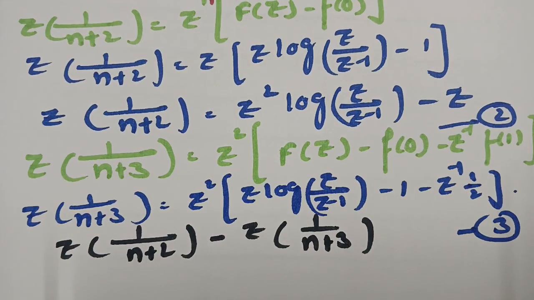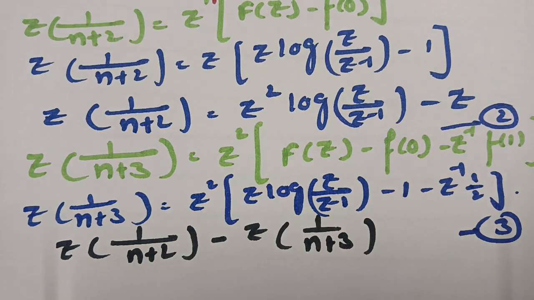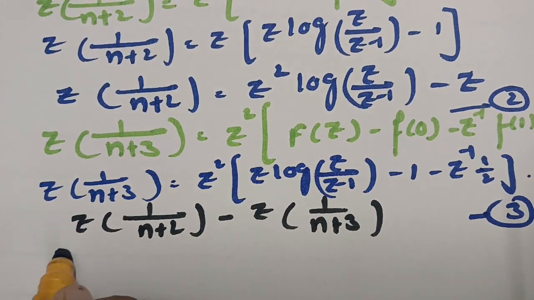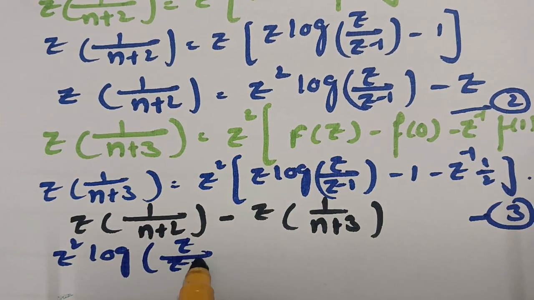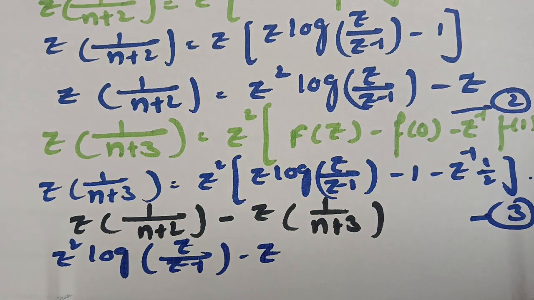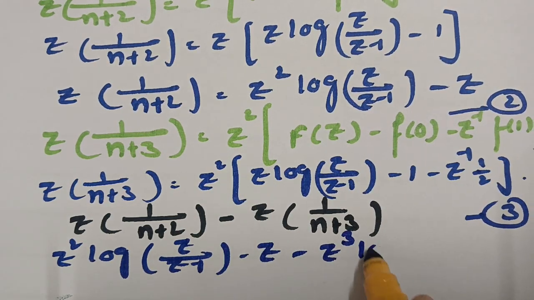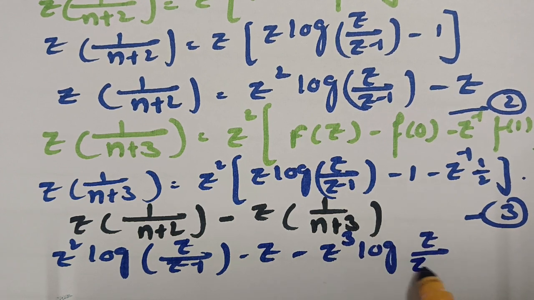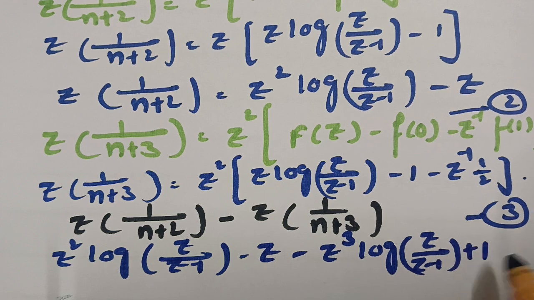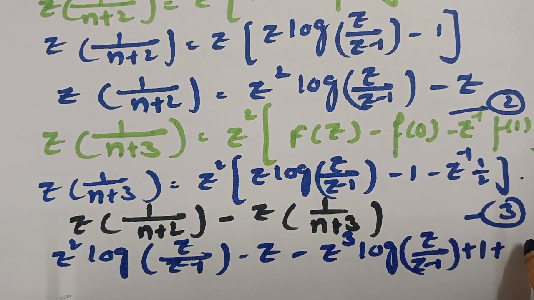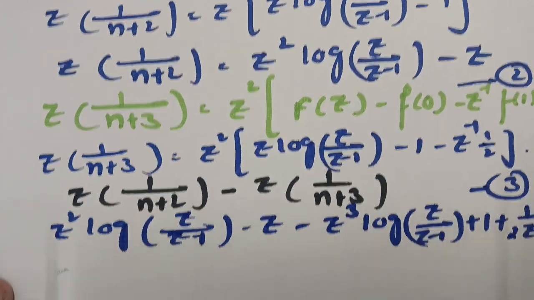Now if I substitute 2 and 3 in 1, this is z square log of z by z minus 1 minus z. And the next one, if I multiply, will be z cube log of z by z minus 1, minus of minus is plus 1, and minus of minus is plus 1 by 2z. So this value is 1 by 2z.